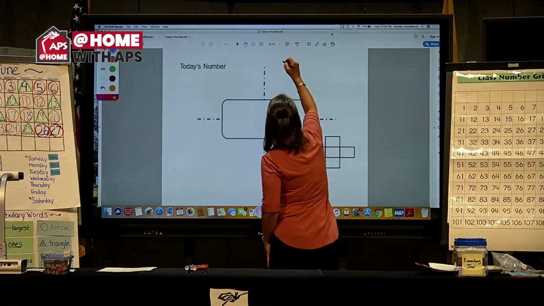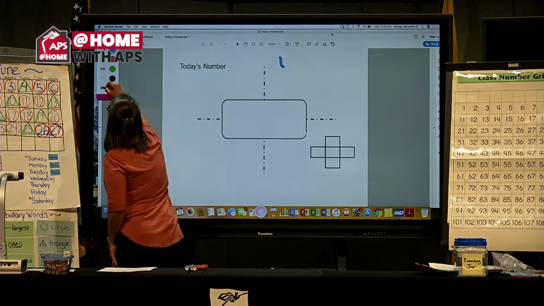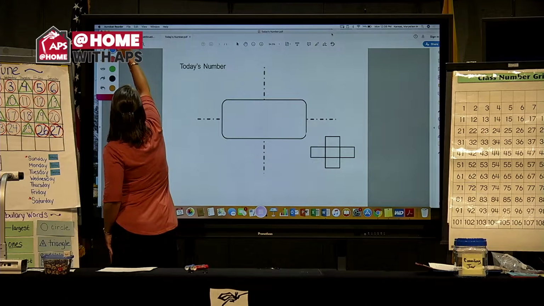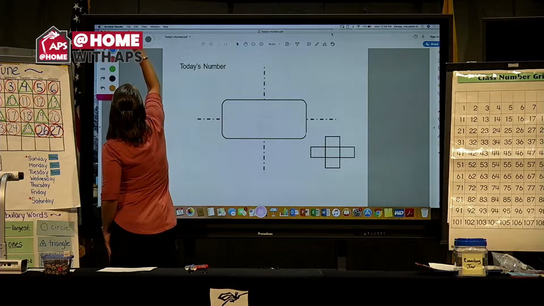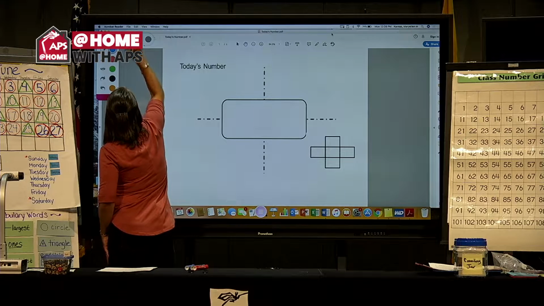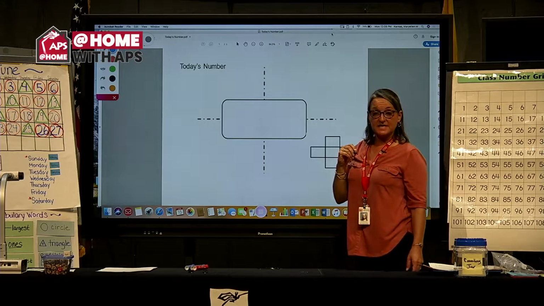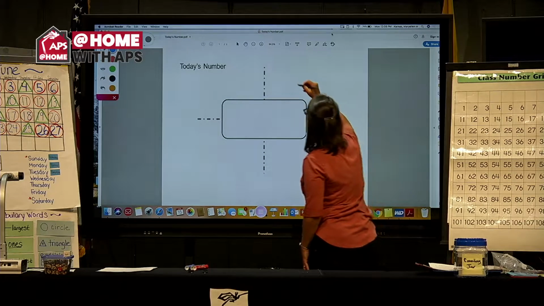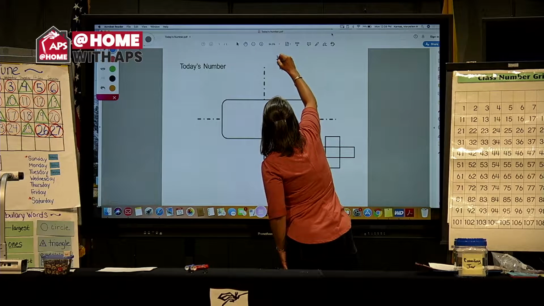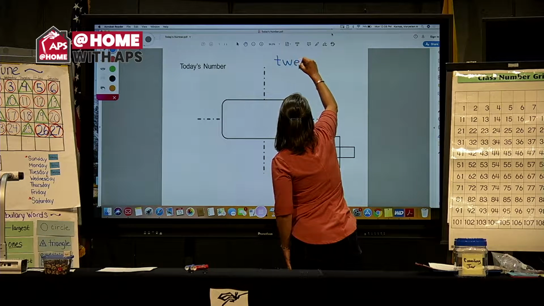Ooh, that might be just a little bit too large. Come on, pen. There we go. So we can write 29 as a word, right? It's a 2-digit number, so it's going to be represented with 2 words.